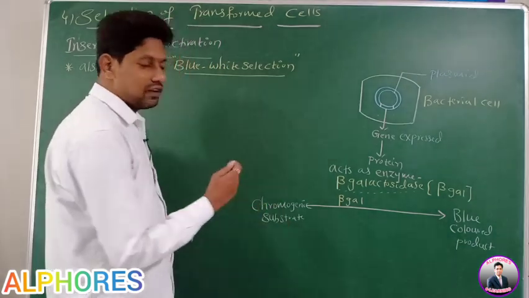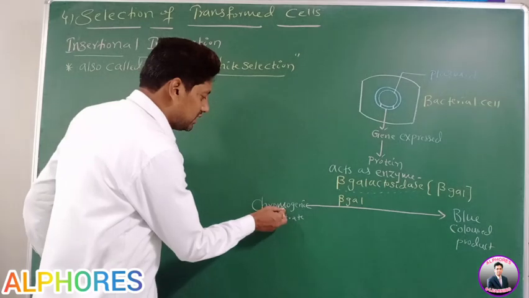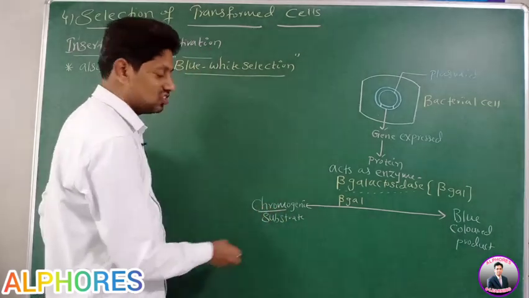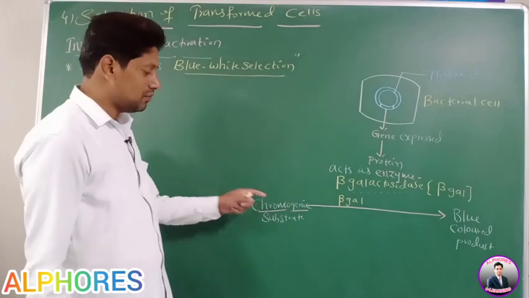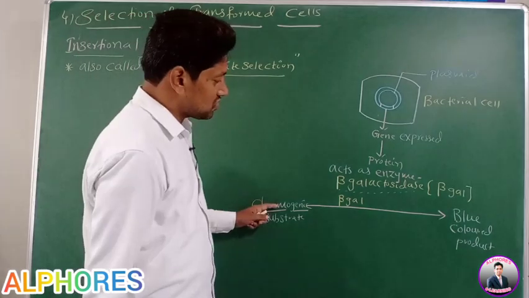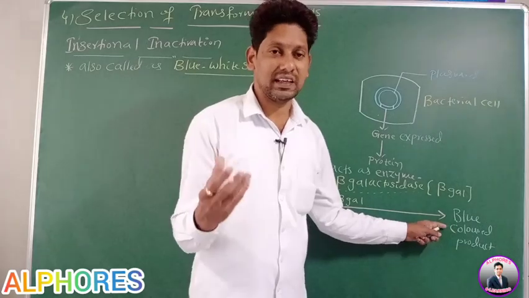What is the meaning of chromogenic substrate? Name itself indicates chromo means color, gen means produce. It means when the substrate is converted into product, we are getting the color.